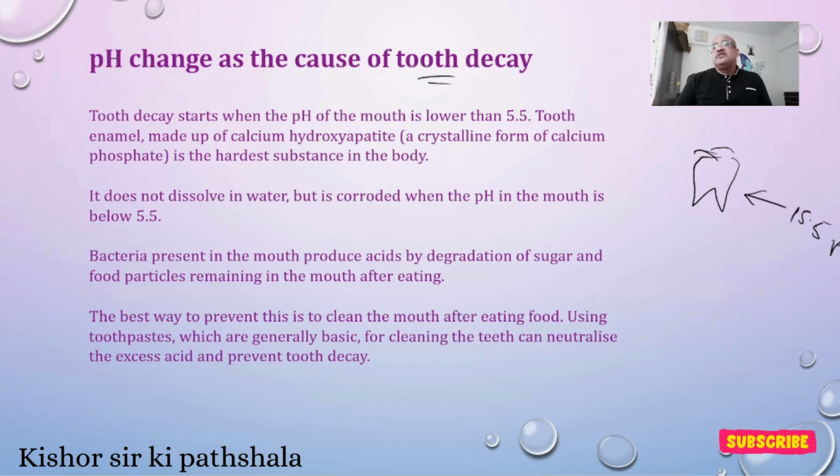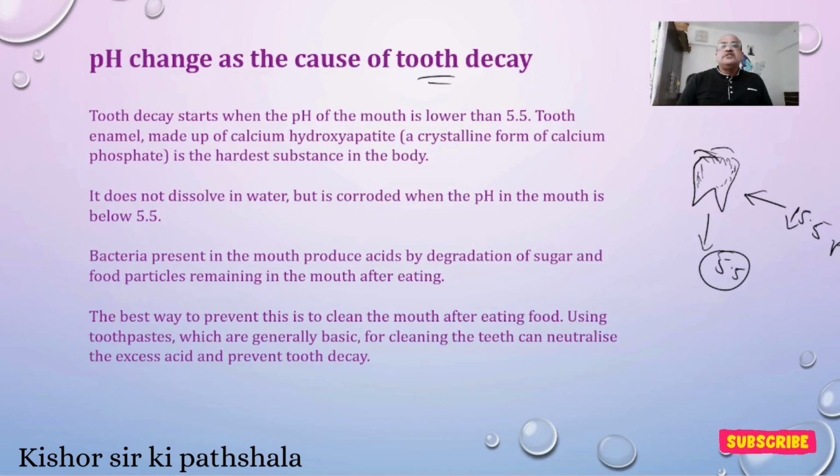The tooth enamel is made up of calcium phosphate, the hardest substance in the body. It doesn't dissolve in water, but it gets corroded within the mouth when the pH falls below 5.5.